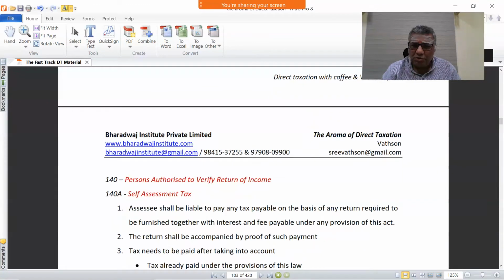The last two sections are who should sign the return. That is the same. Everybody who has the power of attorney can sign the return. And self-assessment tax. That is the tax paid after 31st March for the year, known as self-assessment. Please understand what is self.